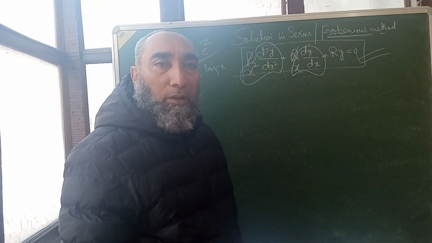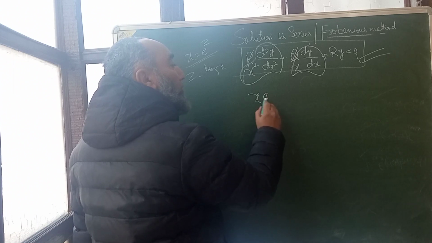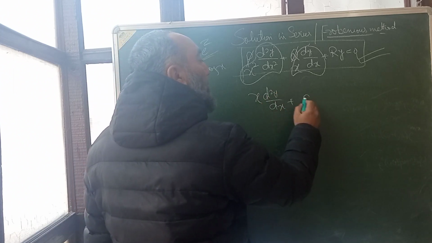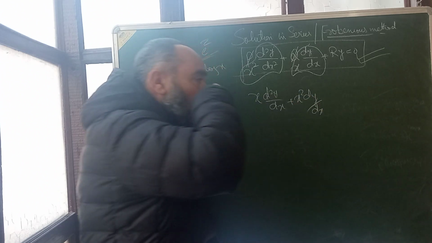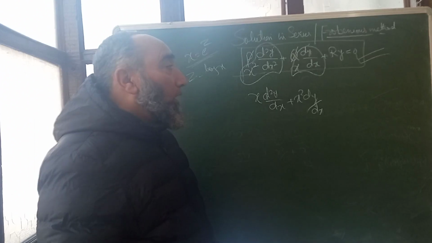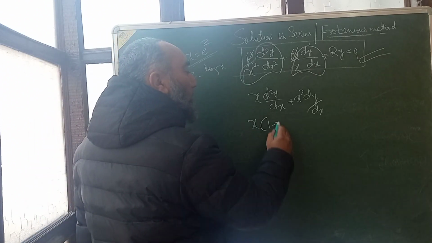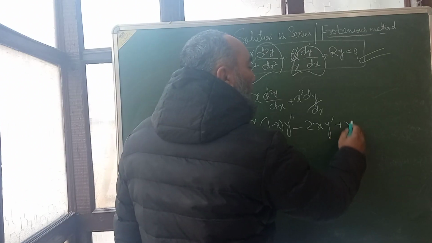Homogeneity must be there. If it is not the case, if you have x with the second derivative and nothing with the first derivative, or you have x square with the first derivative, you cannot solve such equations. For example, say you have x(1 minus x) y double dash minus 2x y dash plus y equals 0.